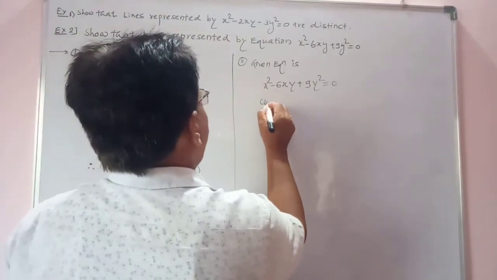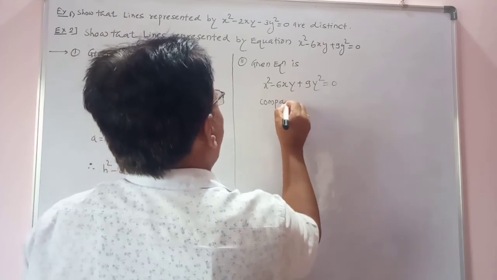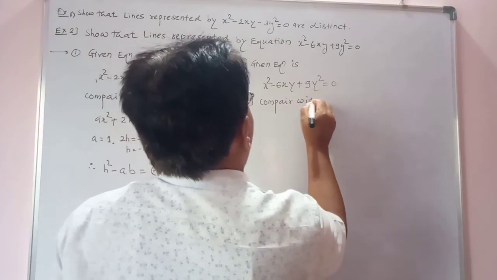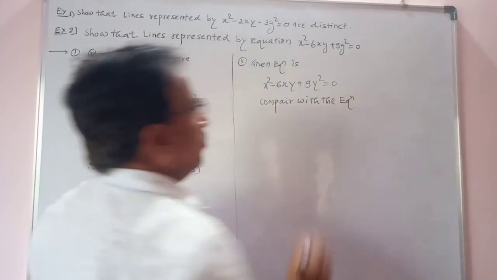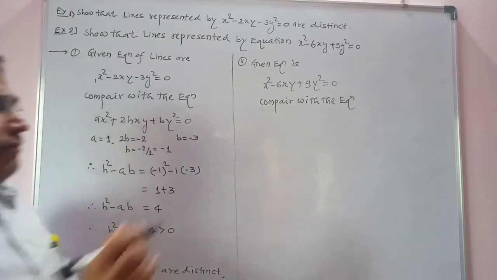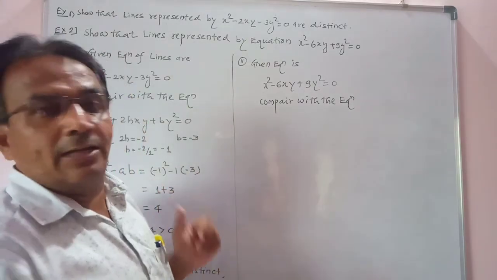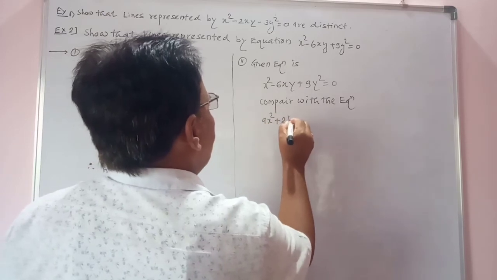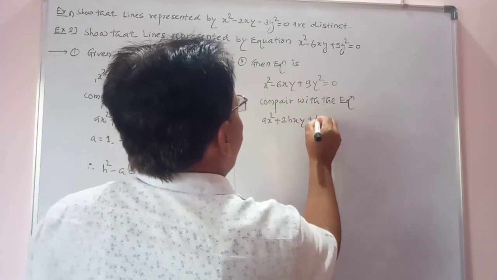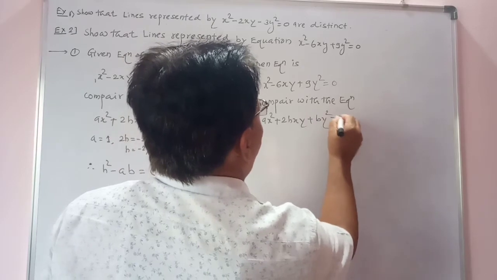Compare with the homogeneous second degree equation ax square plus 2hxy plus by square equal to 0.